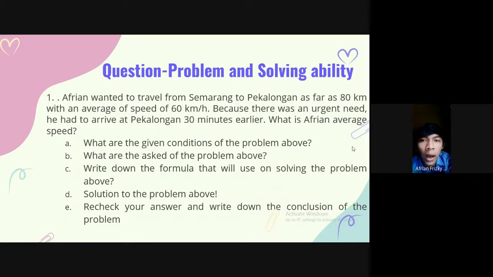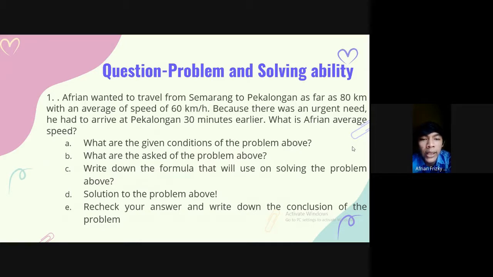What is Afrian's average speed? And here the question also provides the steps of Polya problem solving: the first, what are the given conditions of the problem, and the second, what does the problem above ask.